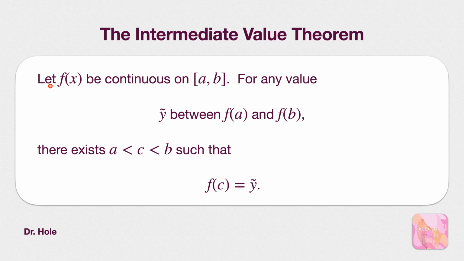The same hypothesis that f is continuous on a closed interval a to b. Then IVT provides that for every value y tilde between f of a and f of b, we can find an input c between a and b such that the output of that c is this value y tilde.